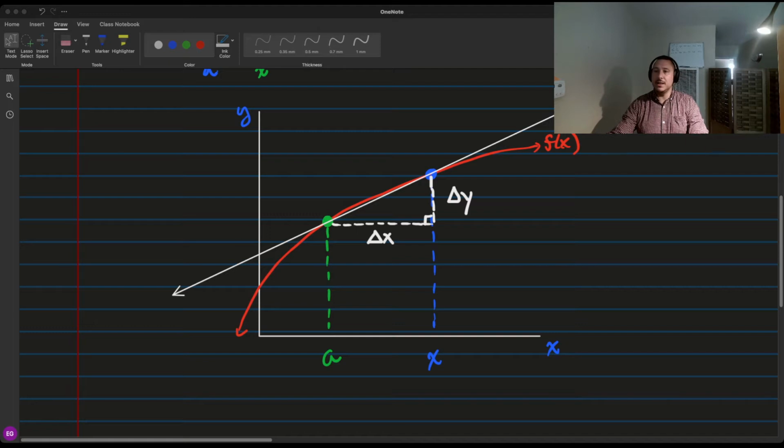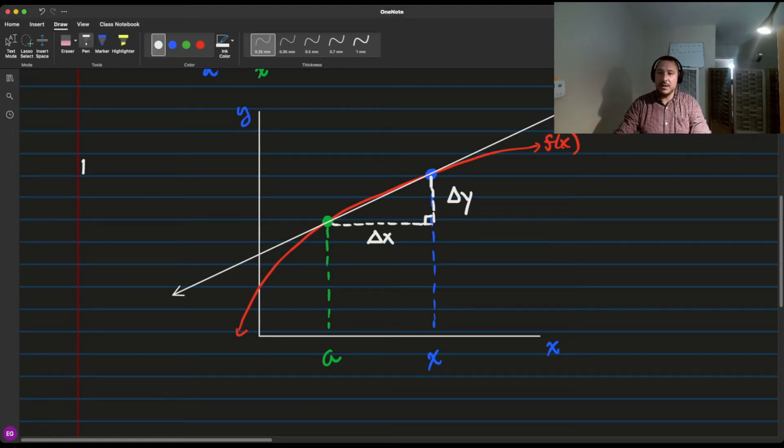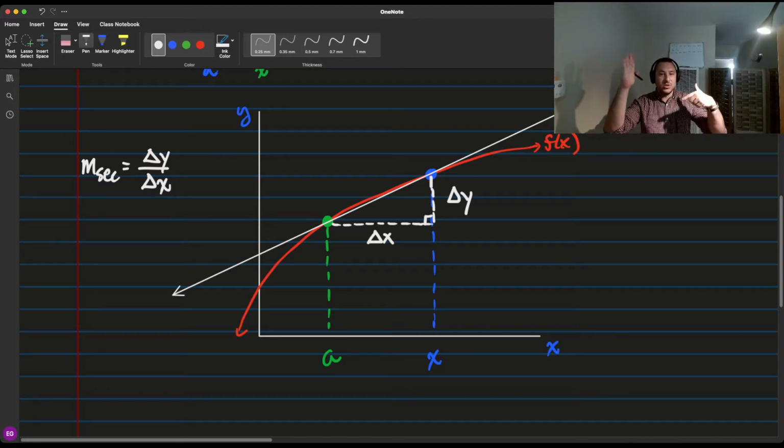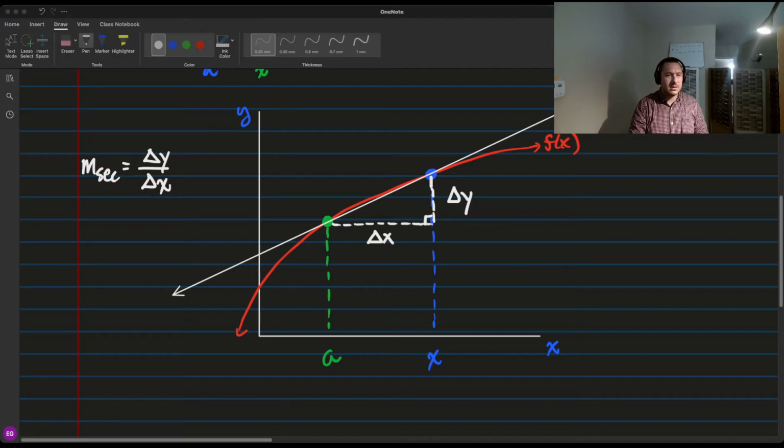The slope of the secant line is quite literally delta y over delta x, right? Change in y over change in x. You take those 2 points and you get the, what are they called? The sides of a right triangle, yes? Is that mysterious? Or does everyone understand what I'm drawing here? Okay. Looks like, okay, cool.